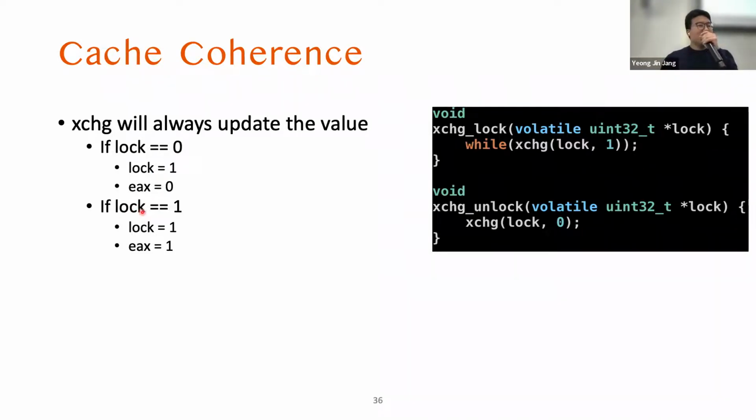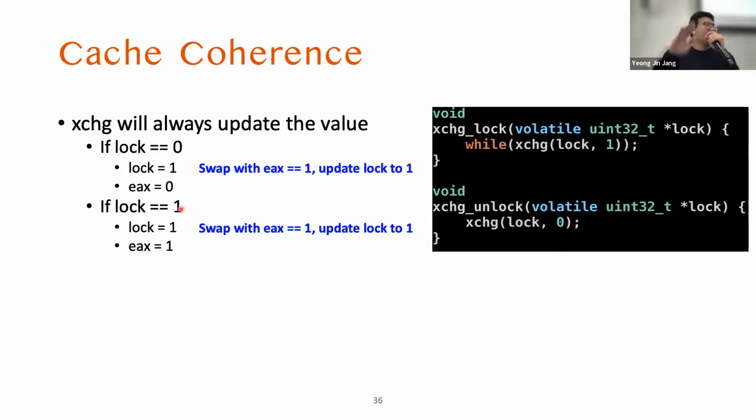And if the previous lock variable is 1, then we will anyway write the same value 1 to the lock, and retrieve the value of the lock variable into EAX. So the important thing is that in either case, we will update the lock to 1, even if it was 1. This is because we are always swapping the value. We don't know the previous value, and we just write the value.